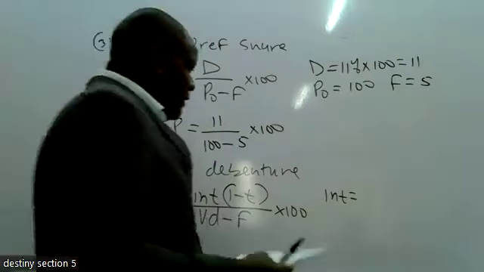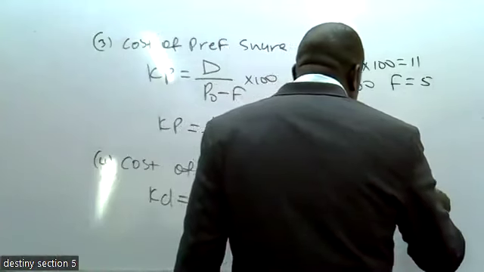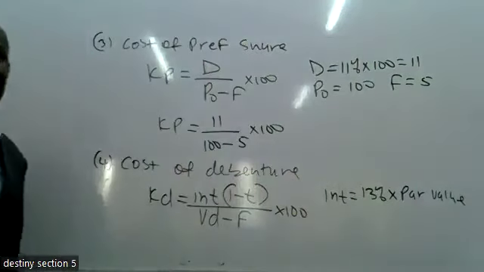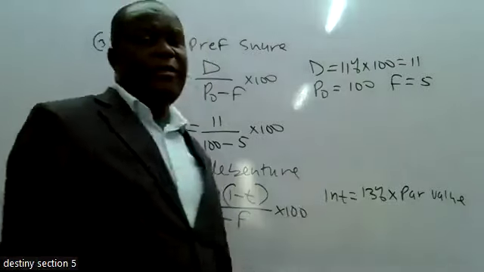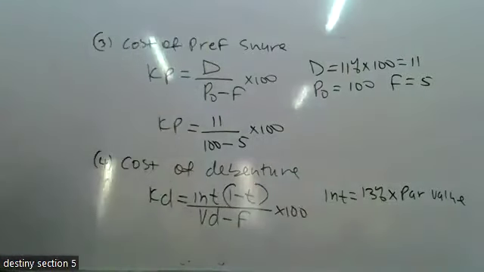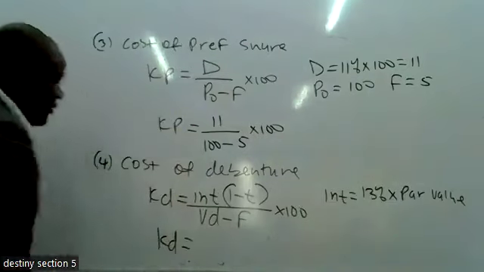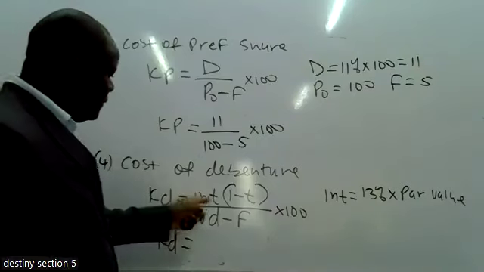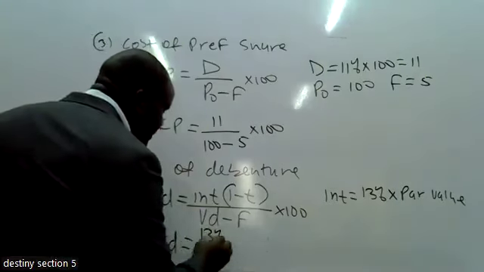So it is 13% of the par value. The par value was not given, so for the interest we simply have 13%.